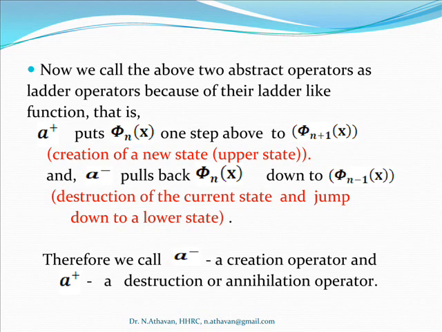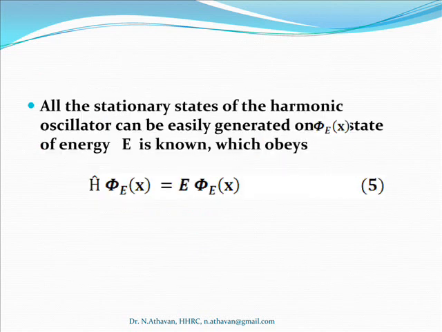That is, it makes the state phi n jump down to a lower state. Therefore, we call A plus an operator with the creation property and A minus the destruction property. So we call A plus a creation operator and A minus a destruction or annihilation operator.